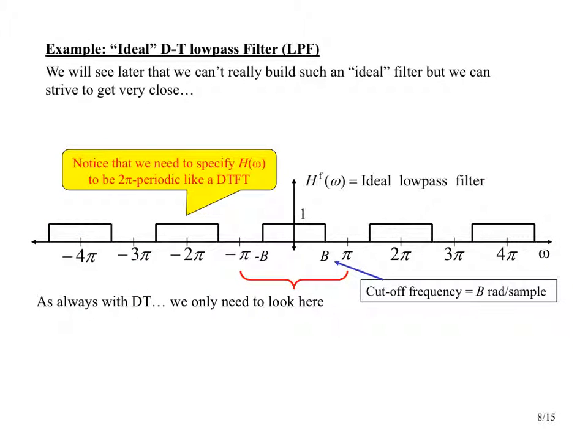So here's an illustration of an ideal discrete time low pass filter, and we can't really build one of these. In fact, you can prove to yourself that that's impossible. If you tried to take the inverse DTFT of this to find little h of n, the impulse response, you'd find out that it's a sinc function, and that sinc function is infinite in both directions.